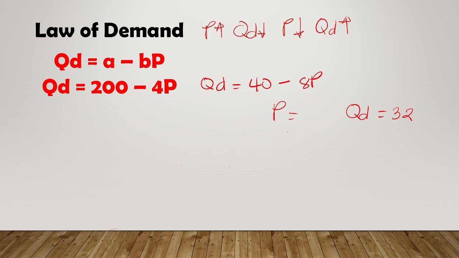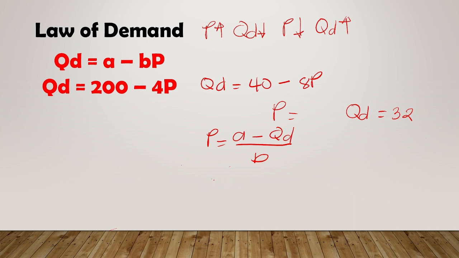Okay, I hope you have tried to answer. Before that, let me share the formula for price. Price is equal to A minus QD over B. Now we know that A is the value of QD when the price is 0, which is 40.